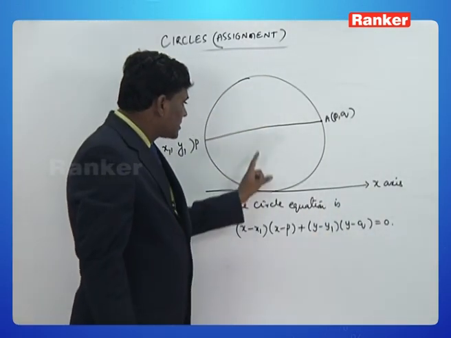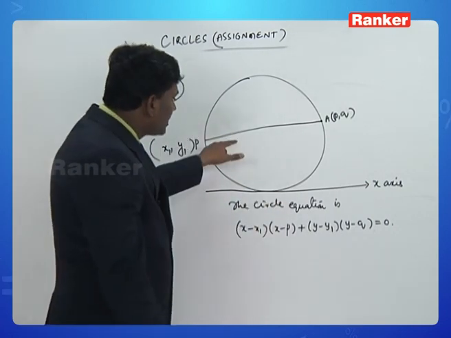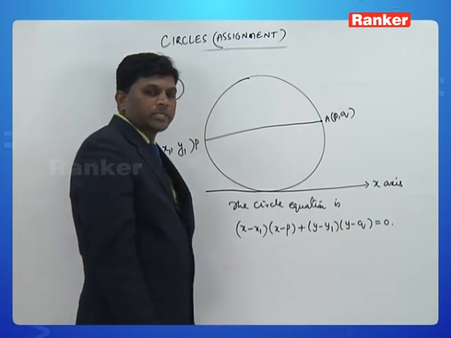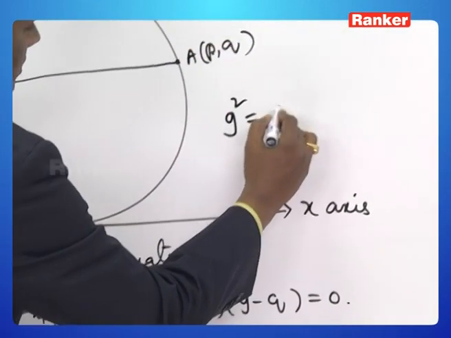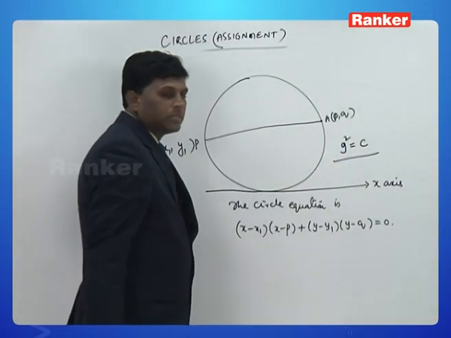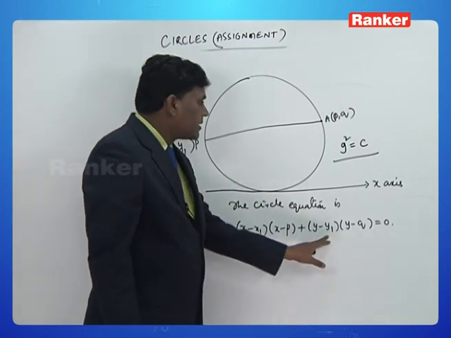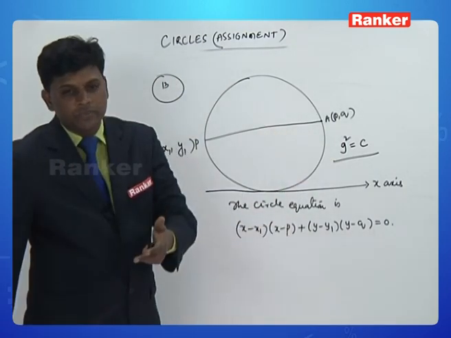Here, this is the circle equation. Now we have to take the condition that this circle is touching x-axis. If a circle is touching x-axis, then we know that already we have a condition g square equals to c. So, first we write the circle in standard circle equation form, and applying this condition automatically the locus will come.